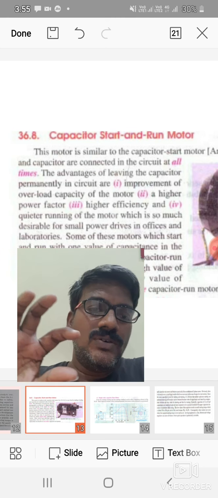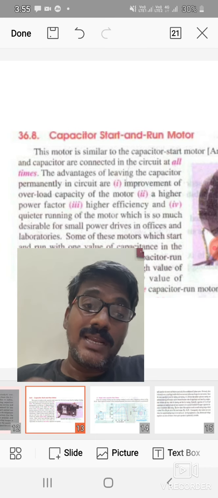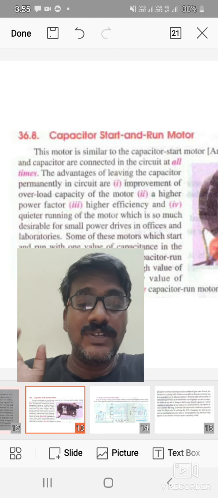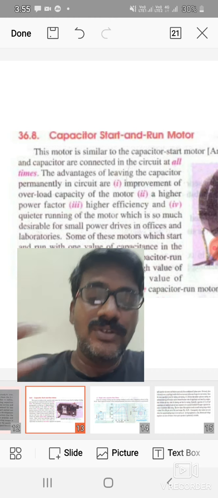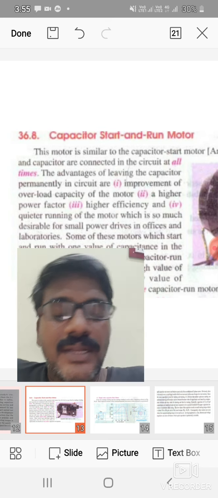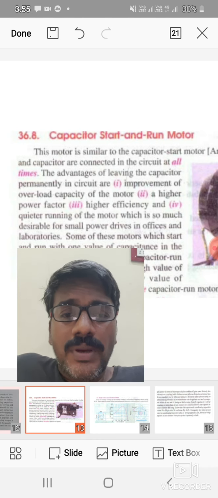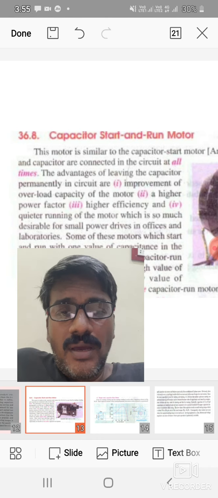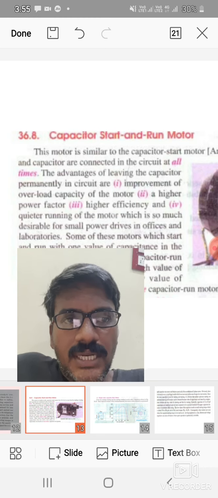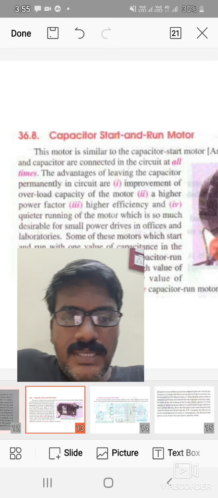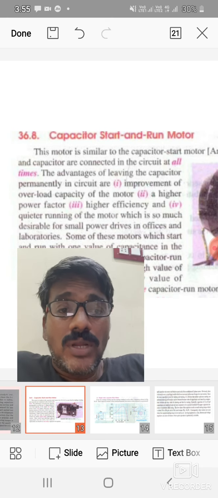After that, by using a pulsating magnetic field, or by using cross field theory, or according to some two different theories, it will continuously rotate, but we will get some noise in the operation of the resistive type or capacitor start type. That noise is eliminated in the capacitor start and capacitor run motor.